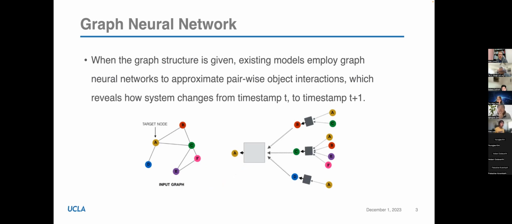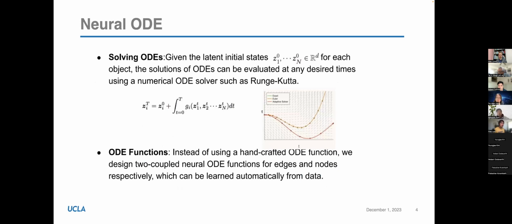The core of a graph neural network is to aggregate information from every node's neighborhood, and to update node representations in a recursive manner. We can have a very good graph node representation, and finally we can use a decoder to output our state.